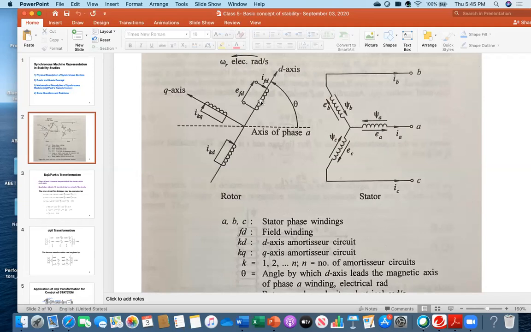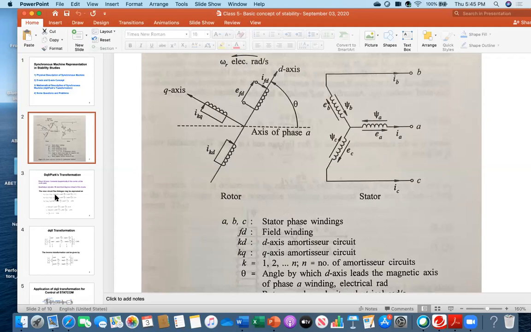Same thing, there are three coils here. Two are on the d-axis and one is 90 degrees ahead of the d-axis, but all three coils have current and they have flux. So each and every coil in this picture has flux linkage.